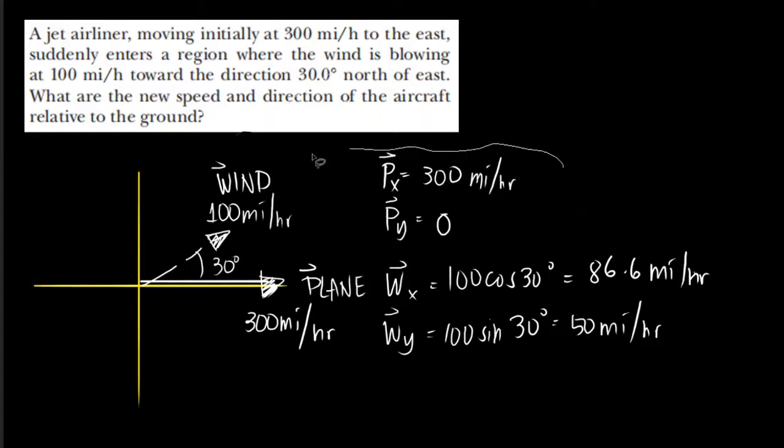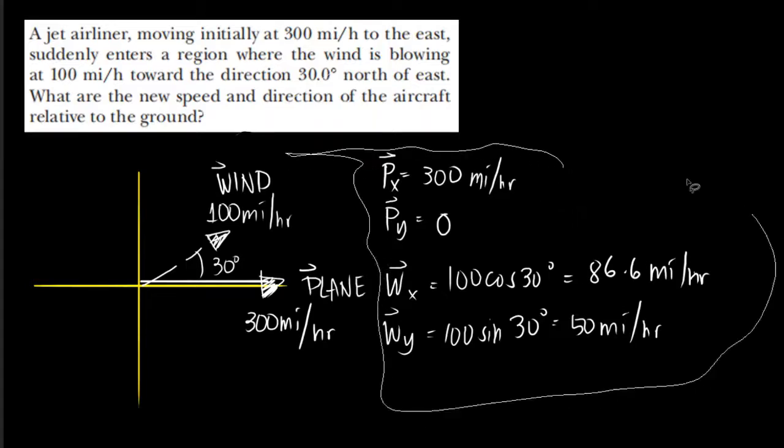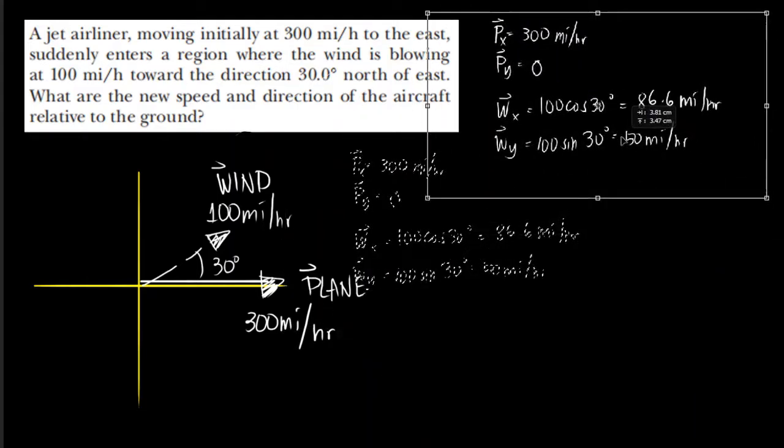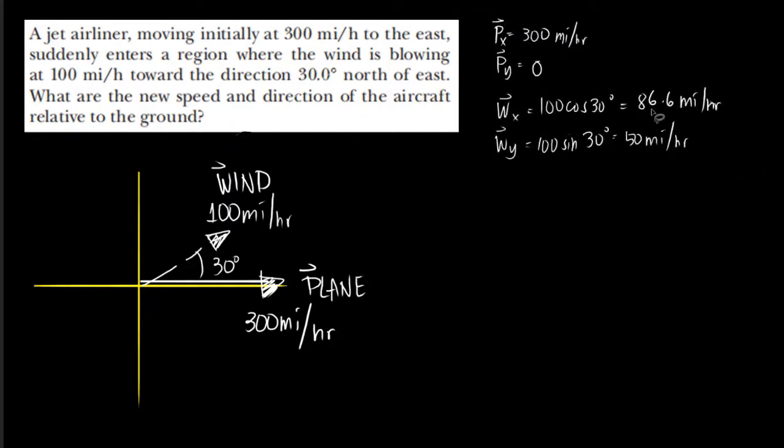So let's make this a bit smaller. Resultant. X component. It's 300 plus 86.6. Resultant sang Y is 0 plus 50 miles per hour.